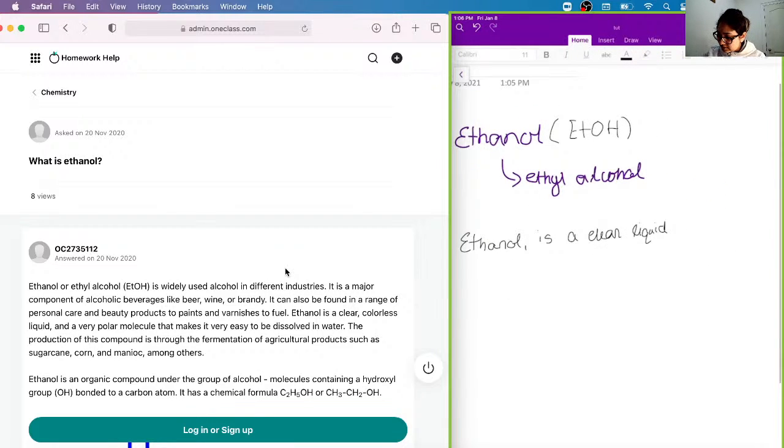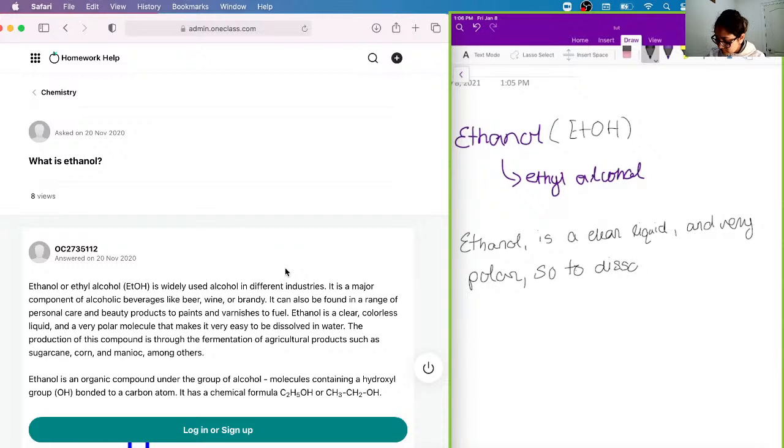So this makes it easy to dissolve in water. Okay, and so the production of ethanol is basically through the fermentation of agricultural products such as sugarcane, corn, and others.